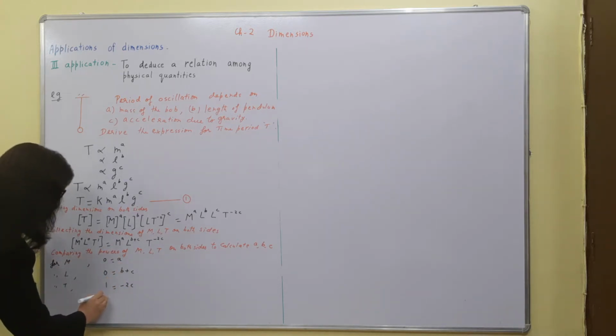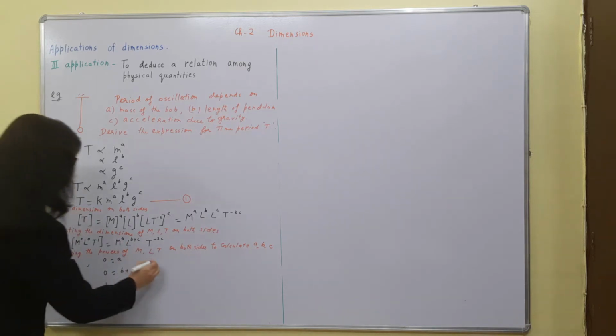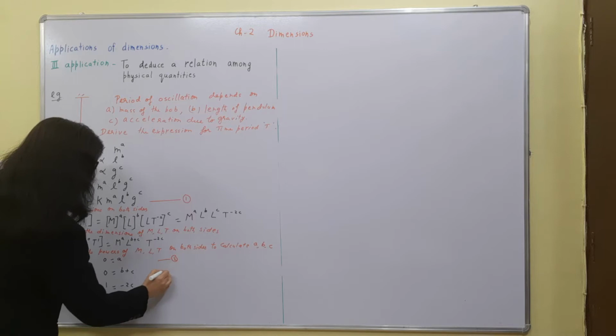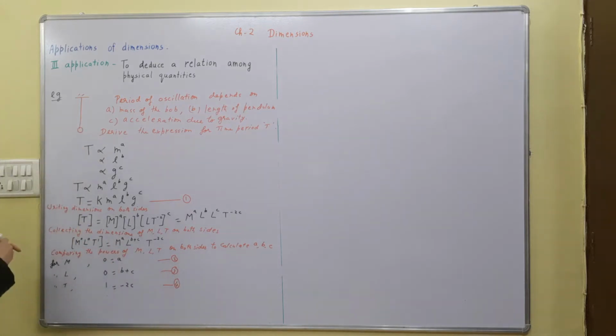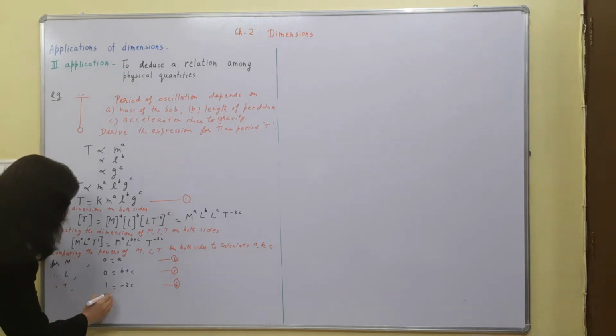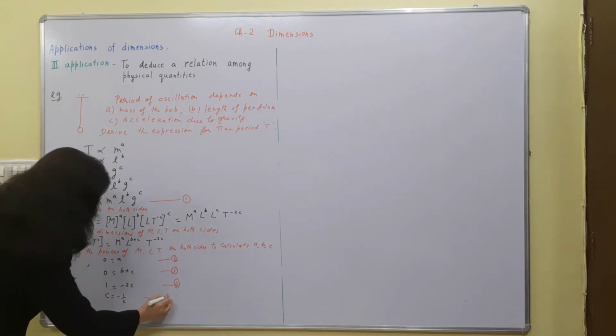We will mark these equations as 2, 3 and 4. So from here c is equal to minus 1 by 2, right?